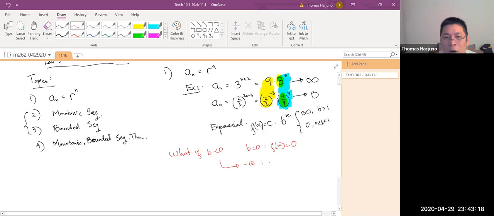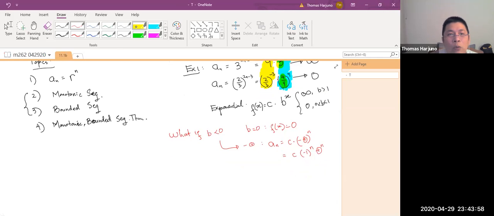Looking at that from the sequence point of view right away, we will have a sub n equals some constant multiple times negative of a positive number to the n, which we can then rewrite as c times (-1)^n times a positive number to the n.